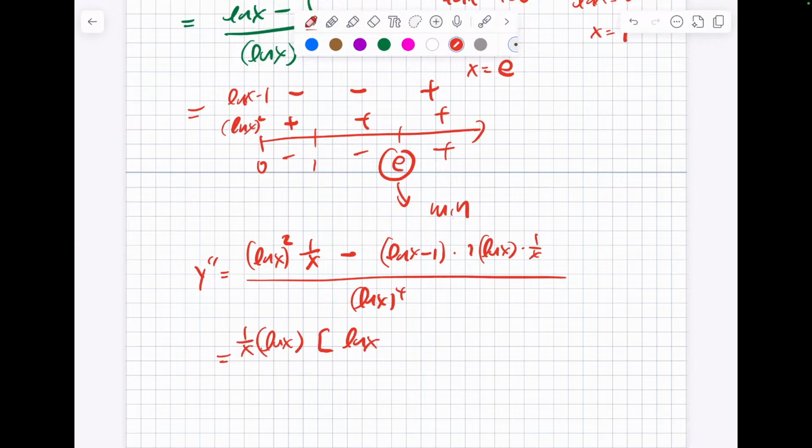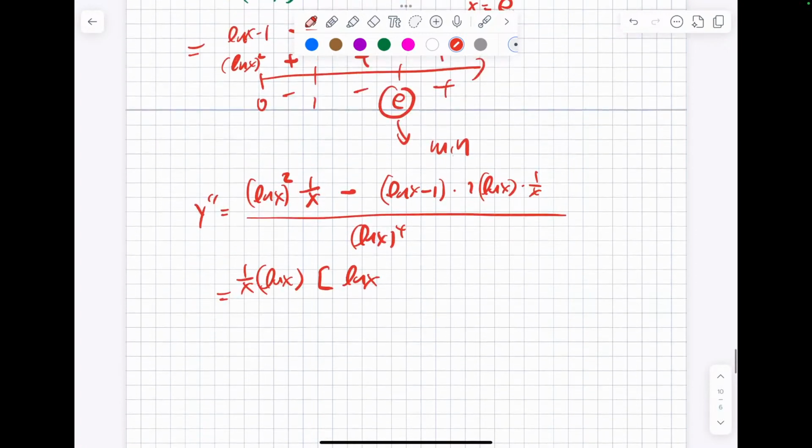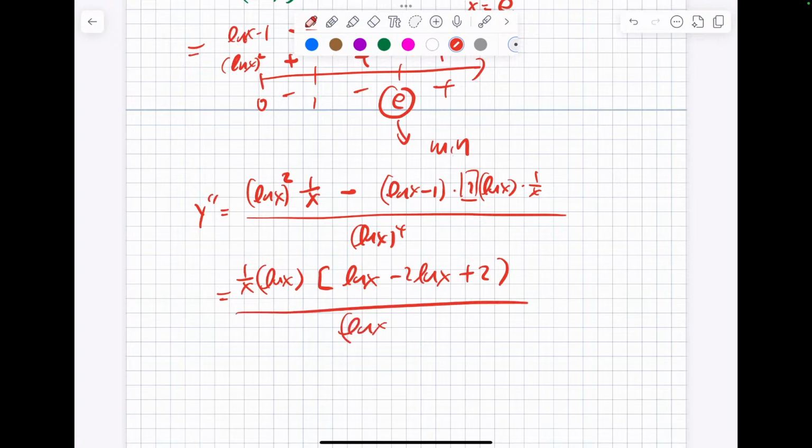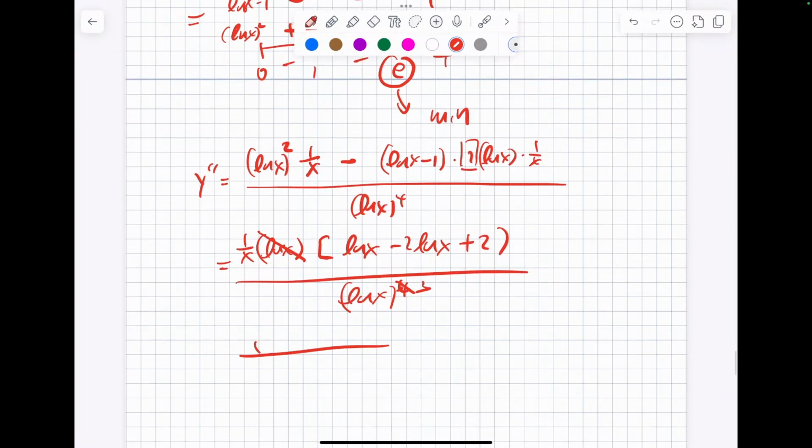I've got a 2 left, so that's minus 2 ln of x plus 2, I think, over ln of x to the third, or fourth. And this cancels out 1, so that's 3. So it'll be 1 over x ln of x here, and that's going to be minus ln of x plus 2.